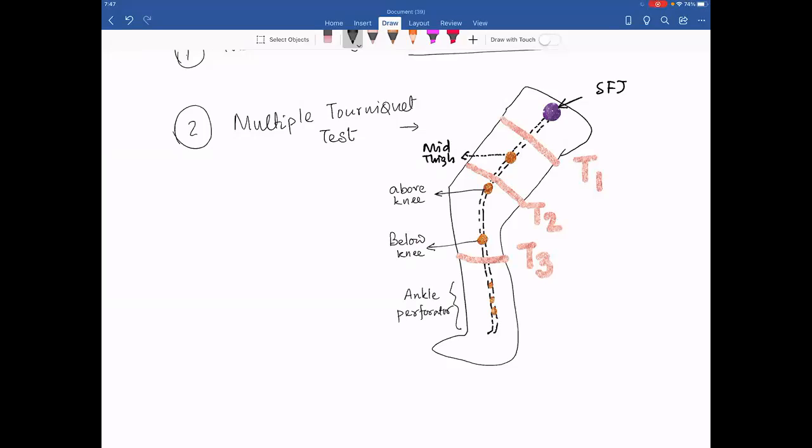Now, what is important is, where is the tourniquet one? Above the level of the mid-thigh perforator. Now, understand that if the patient has a mid-thigh perforator problem, please listen to this carefully. What will be the next picture if I have a patient who has a mid-thigh perforator problem? This is which tourniquet?